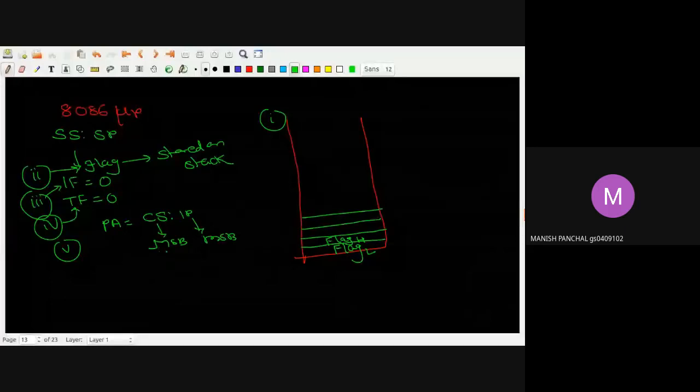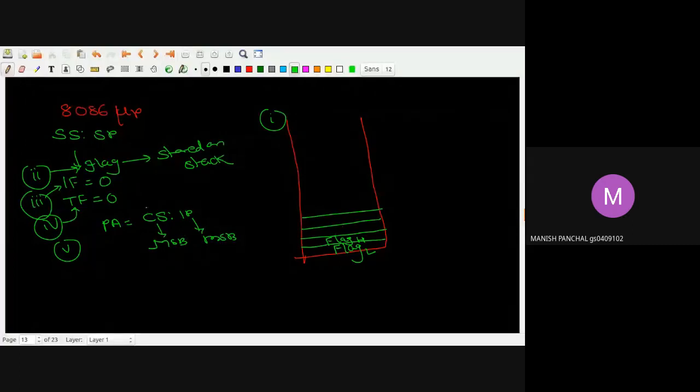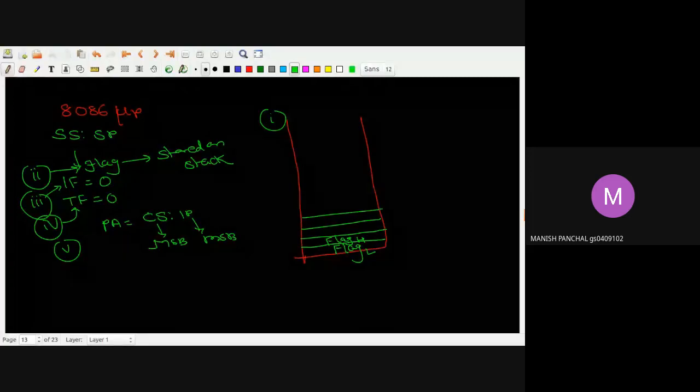So in this case, if it is again decrementing, then I want to store this value with the help of some pushing operation. So the CS value will be stored first.